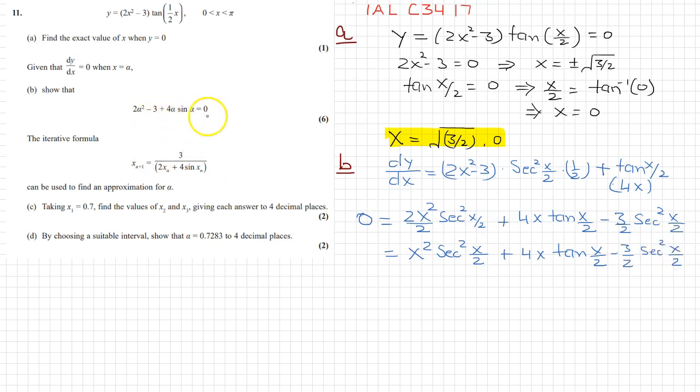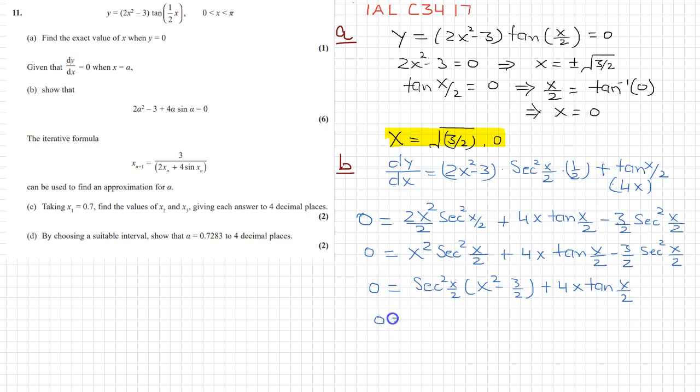Now what we have to prove has a sine only. So 0 is equal to sec²(x/2) times (x² − 3/2) plus 4x tan(x/2). Let's try to change it into sine and cos.